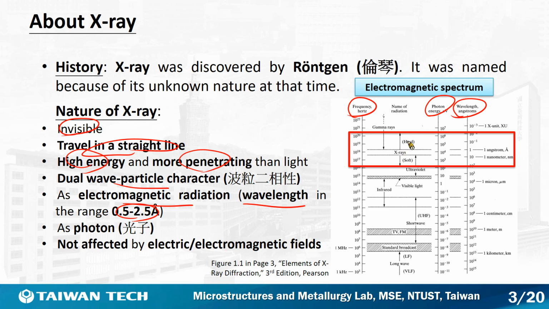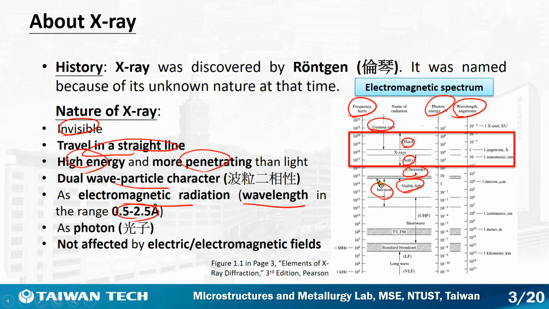It is composed of hard X-ray and soft X-ray. As you can see here, with a smaller wavelength, it comes to gamma rays. Below them, we have ultraviolet, 紫外线, and visible light, and IR, right, 红外线.